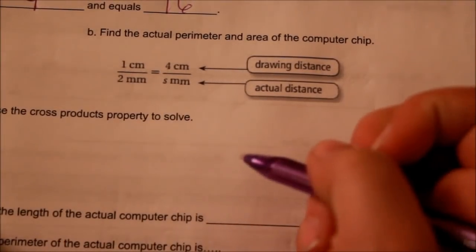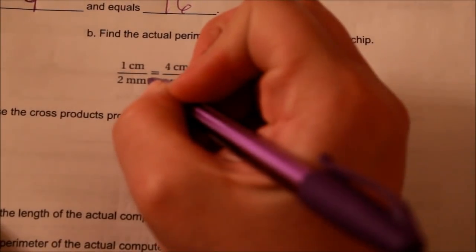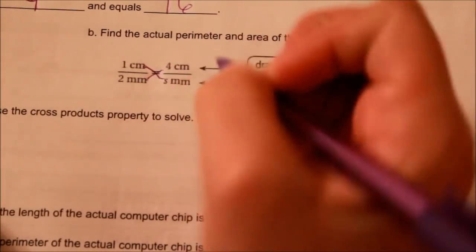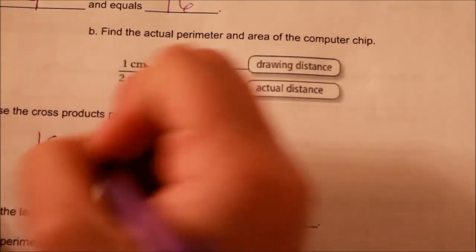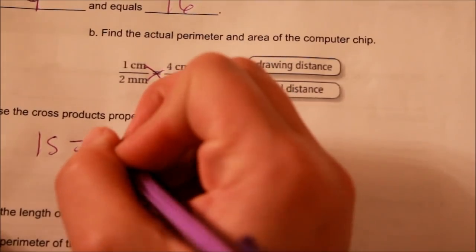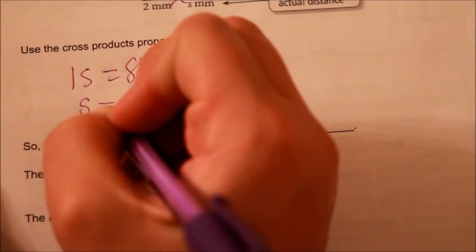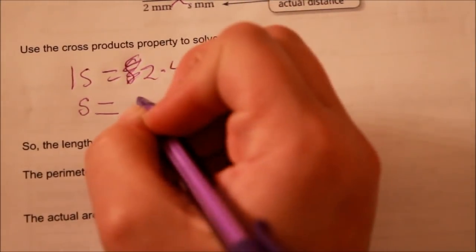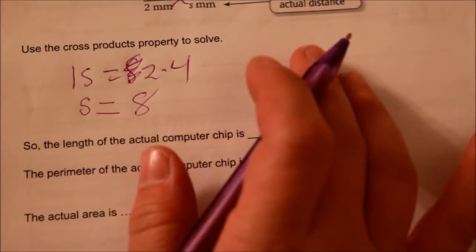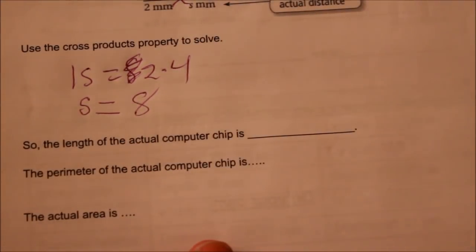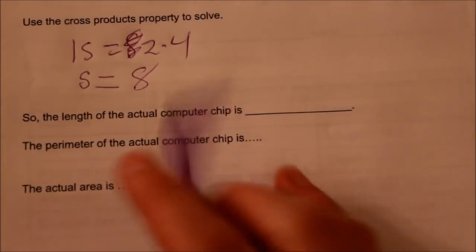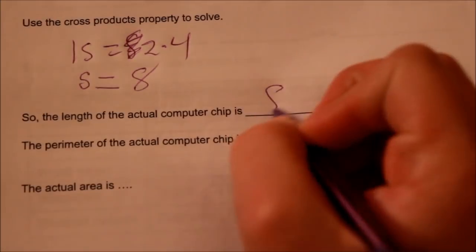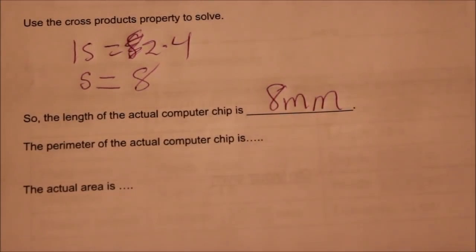So we're going to use the cross products property to solve. 2 times 4, 1 times s. 1s equals 2 times 4, which is 8. 1 times s is just s. And that is 8. So the length of the actual computer chip is 8 millimeters.